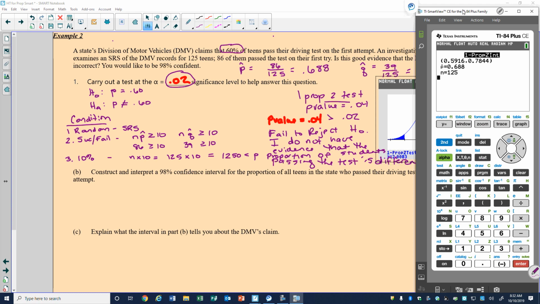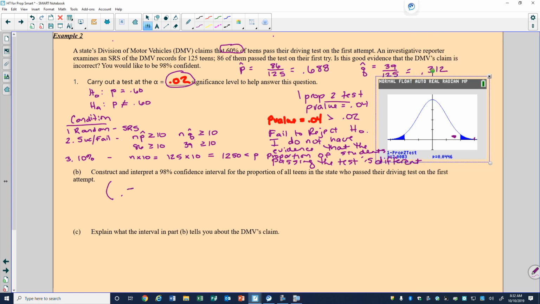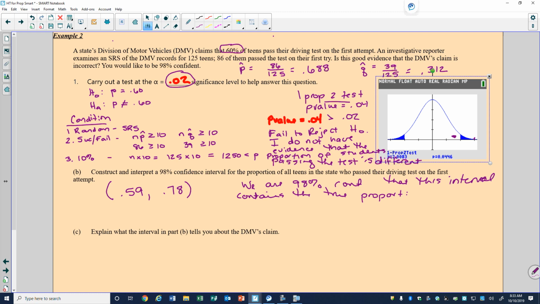And what we get is a confidence interval from 0.59 to 0.78, which means we are 98% confident that this interval contains the true proportion. In context, the true proportion of teenagers who pass the test on the first try.